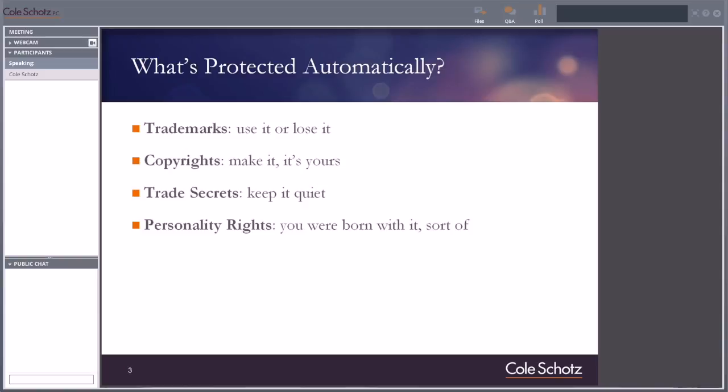According to U.S. copyright law, copyright attaches to a creative work as soon as that work is fixed in a tangible medium of expression. So what does that mean? It means that a creative work is protected the moment pen is put to paper, the moment a photo is taken, or a work is created. Essentially, once it goes from an idea in your head to some tangible form.